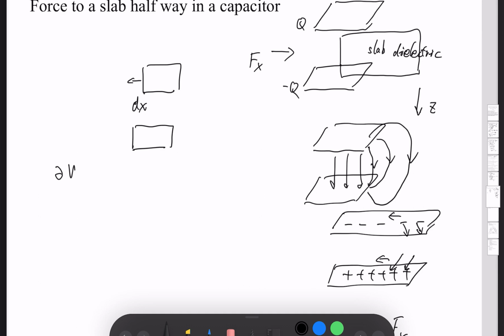If we calculate this dW/dx, then that must be giving us the force. Minus sign? Okay.